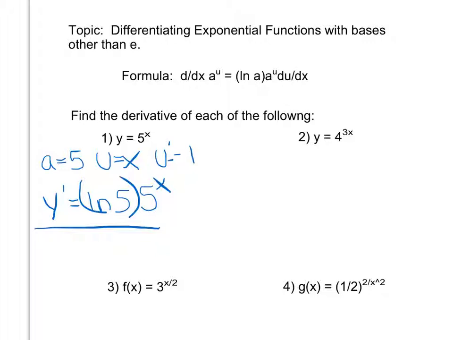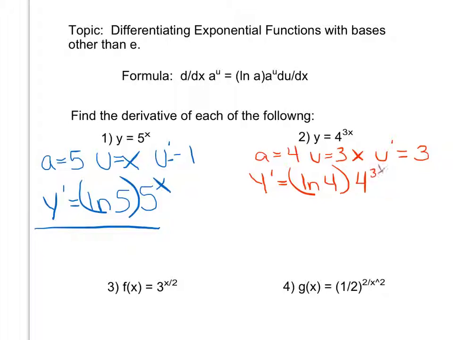If I look at my next example, y equals 4 to the 3x, doing the same thing. My a is 4, my u is 3x, and my du dx, or my u prime, is just 3. Following my formula, the derivative of 4 to the 3x, y prime, is ln of 4 times 4 to the 3x times 3.